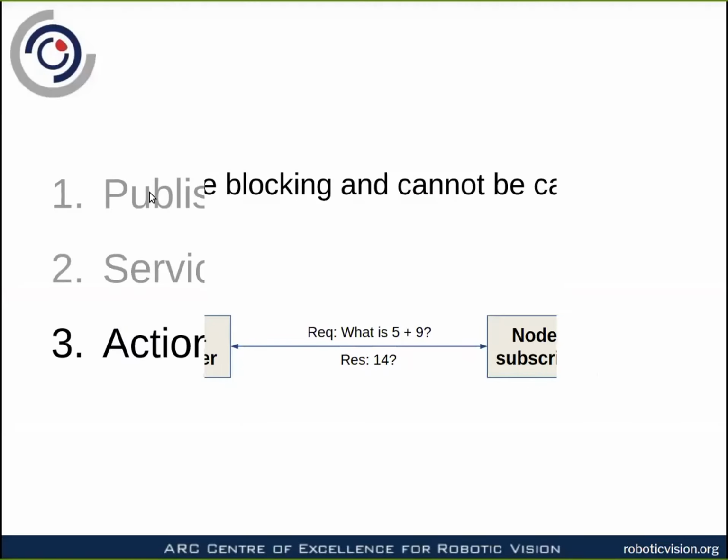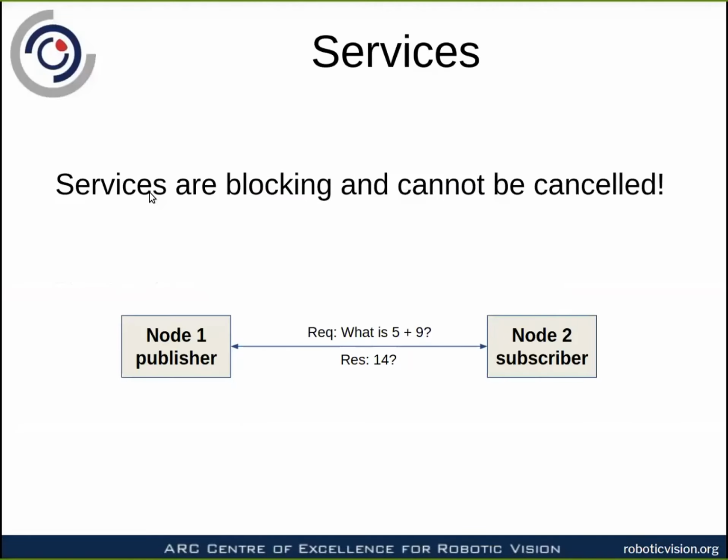Is there a general rule of thumb as to when you would use a service over a publish-subscribe system? Yeah, so you would generally use services in a situation where you want the answer to correspond to the input.